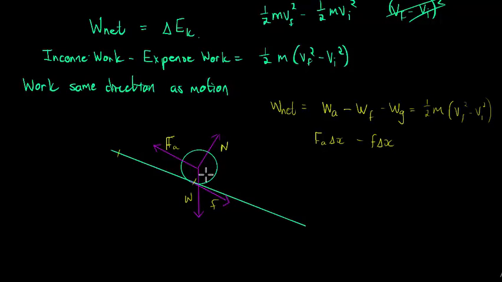The work done by gravity is not in line with the motion, so we use the force of gravity, which is weight, so mass times the gravitational constant gives me that weight, times the displacement in the direction of the force.